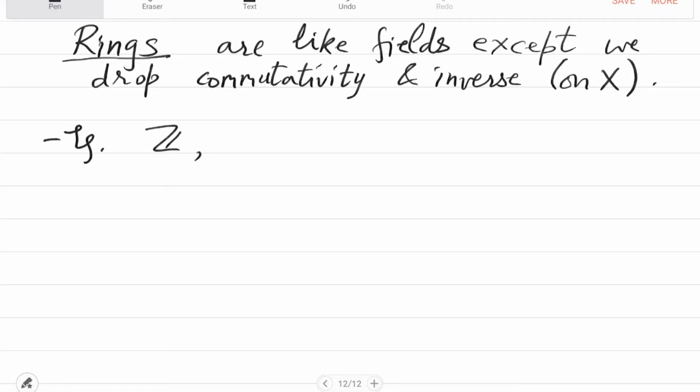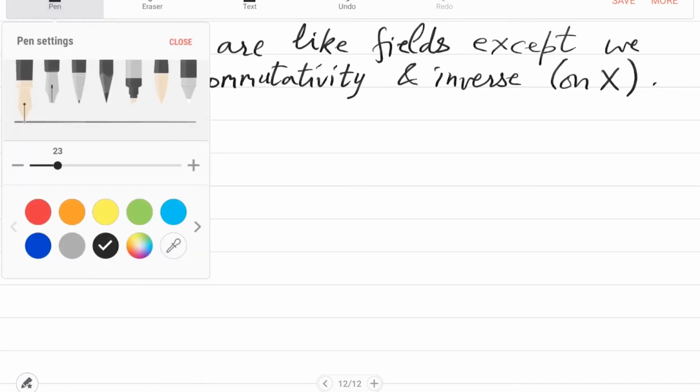All the other elements are non-units. But are these other elements zero divisors? They are not zero divisors, because if you take 2, there is no number x such that 2x is equal to 0. Right? So the integers are not a bad ring. It's very close to a field. Such rings are called domains. So Z is a domain. That's a special property it has.